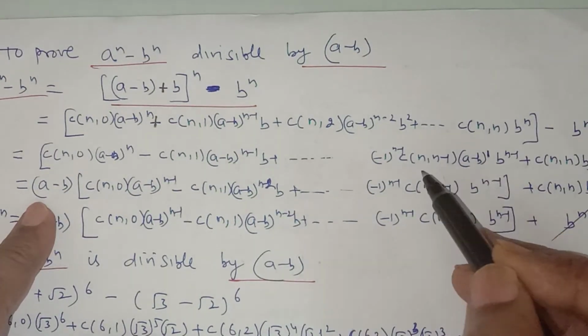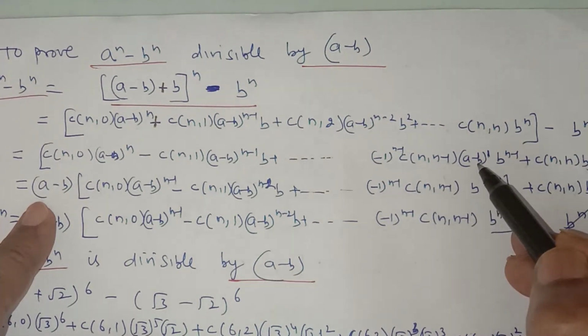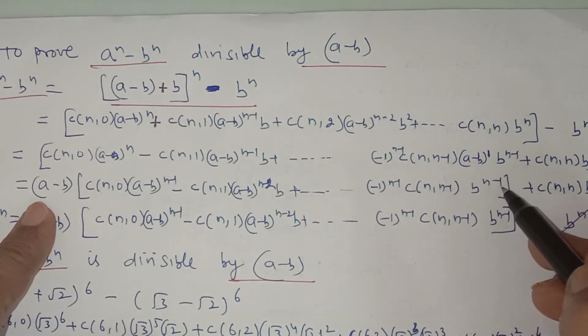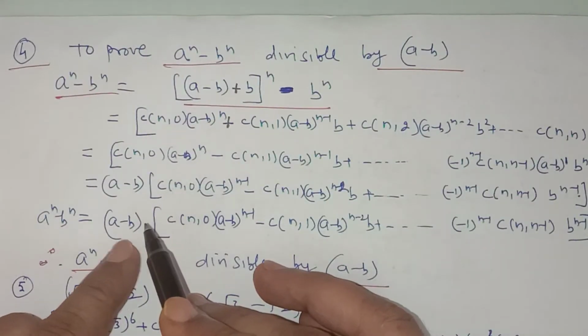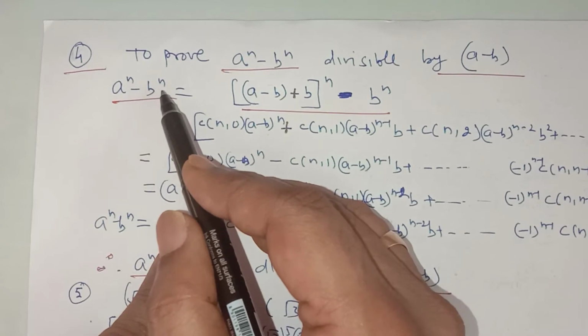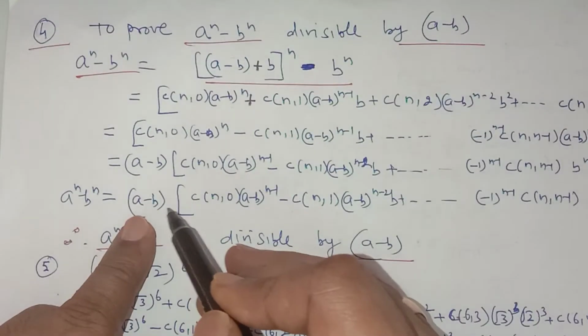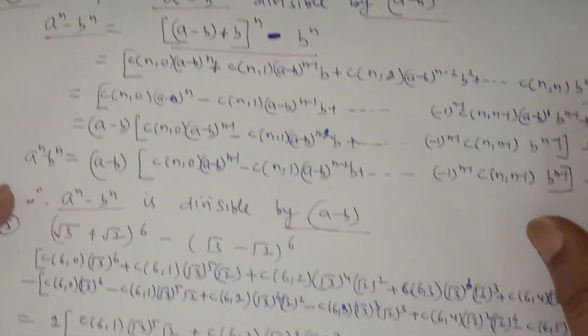In this it will be minus 1 raised to power n minus combination of n minus 1. When you take a minus b common, it will be only b raised to power n minus 1. So this will be cancelled out. So this expression is a multiple of a minus b, which is a raised to power n minus b raised to power n, means it is divisible by a minus b.